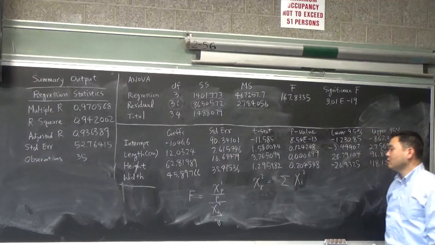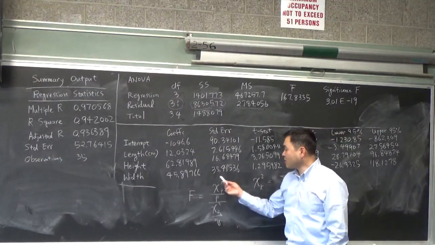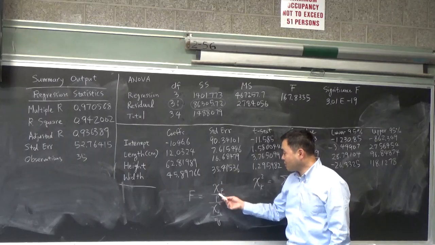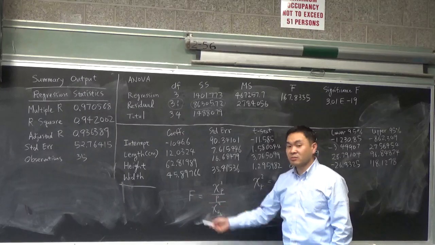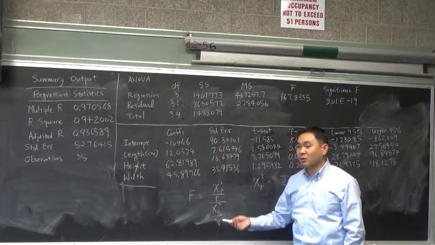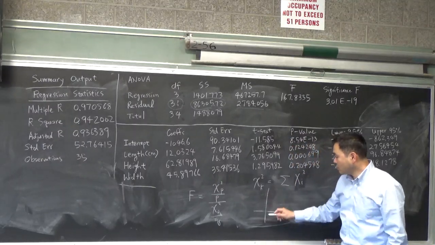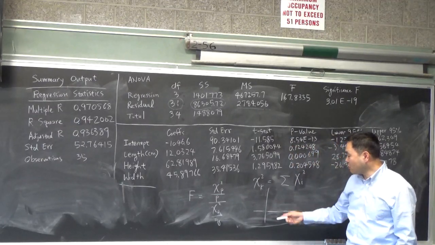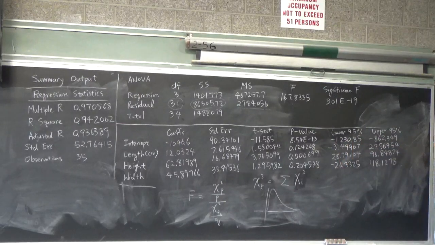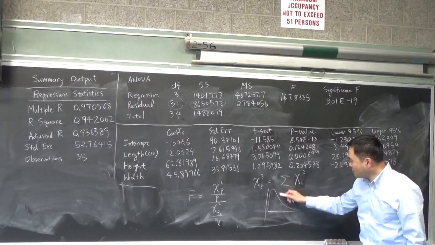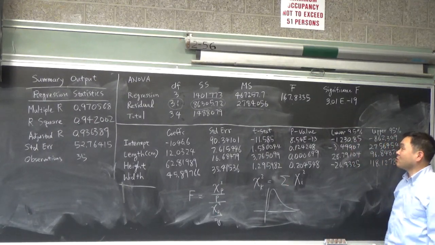So if you take some quantity that's like the sum of squares, and you divide by the degrees of freedom, and then you take the ratio, this also follows another kind of distribution called the F distribution. It looks kind of like the chi-squared distribution, except that I would say it peaks a little bit more.